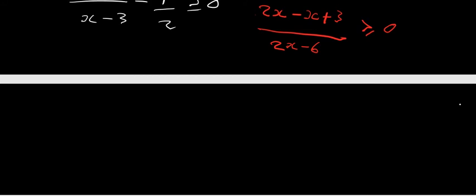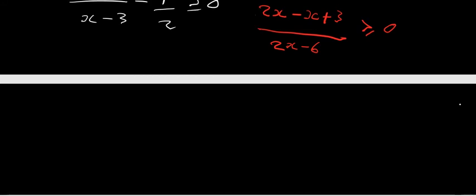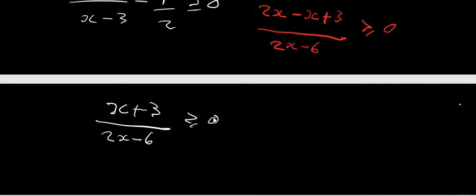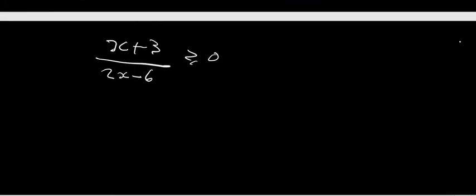So let's quickly simplify that expression. We are going to have (x plus 3) over (2x minus 6) is greater than or equal to 0.